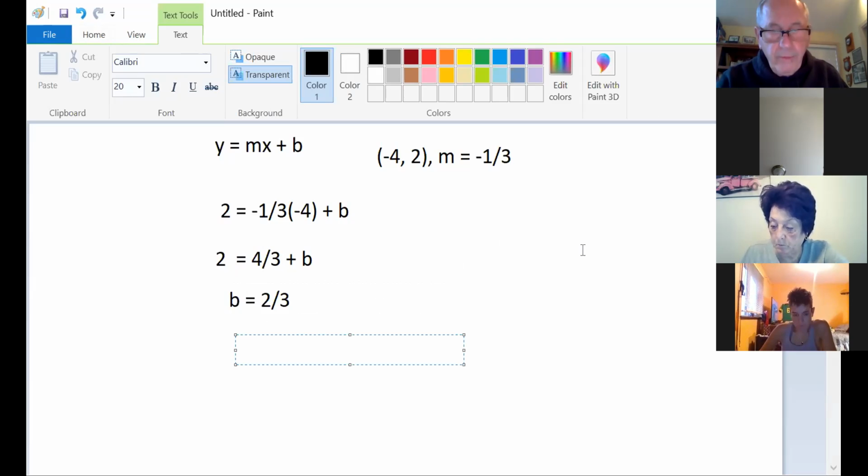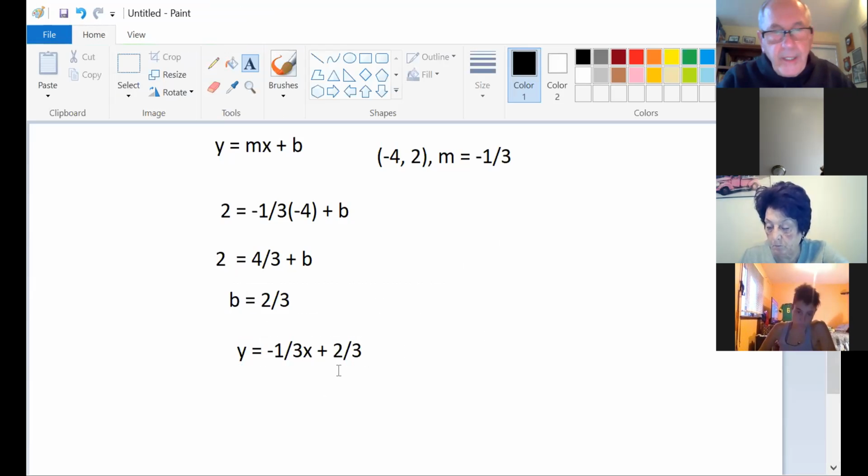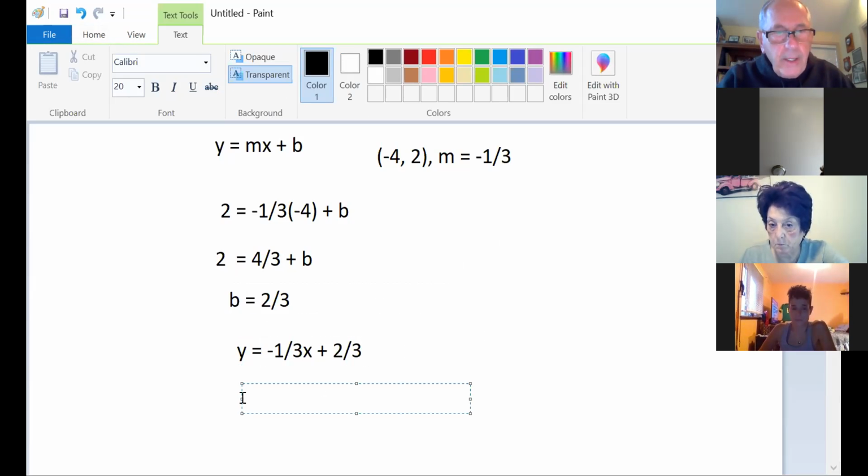So now I rewrite this and say y is equal to negative 1/3 x plus 2/3. I'd leave it like that, or I could multiply everything by 3. You can do it either way.